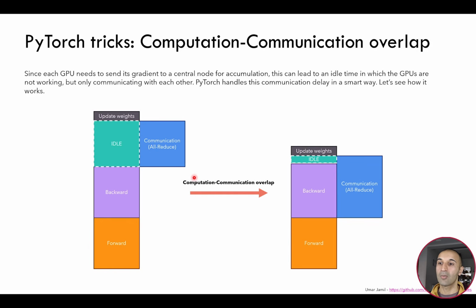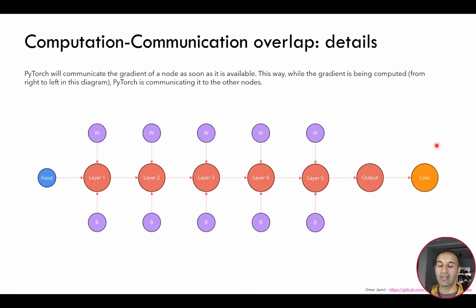So what PyTorch does is overlap the communication while running the backward step. Let's see how it works. As you remember, we have a computation graph, right? PyTorch will communicate the gradient of a node as soon as it is available, because as you remember, we calculate the gradient of the loss function with respect to each weight.